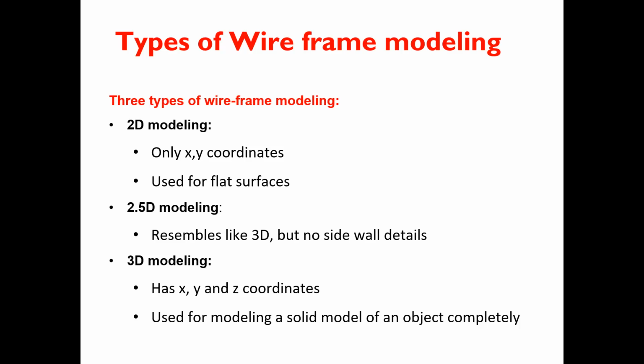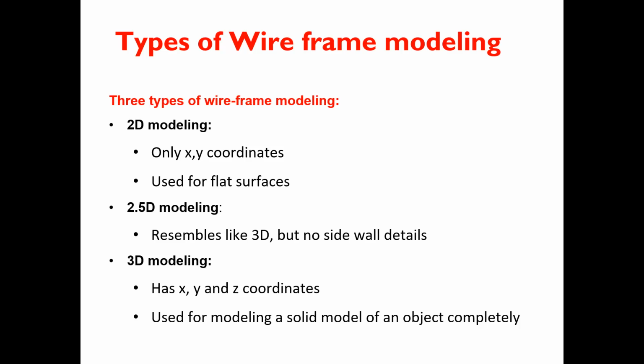So 2D modeling is a two-dimensional sketching process where we use only the XY plane. We have only two coordinates, x and y, and it is usually used to represent flat surfaces. Two-dimensional objects are, as we have drawn in our ZW CAD two-dimensional design drawing, used to represent objects only in a two-dimensional view.